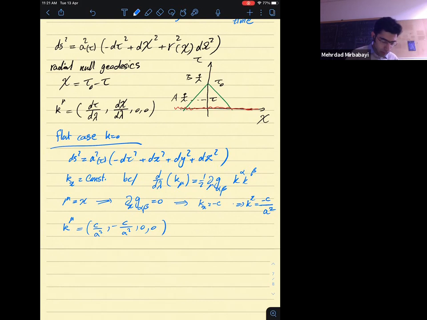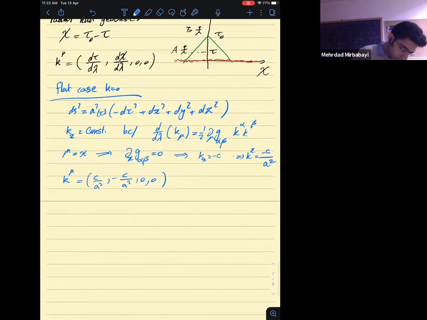All right, so we determined what happens to k mu. We solved for the time dependence of k mu. Now we can ask what is the frequency that observers measure. Omega is the frequency that an observer with 4-velocity u mu measures. How do we determine it?